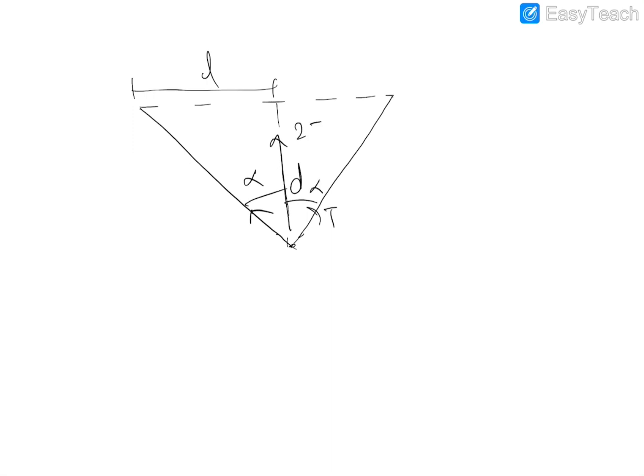So this is 2T cos alpha, which is almost equal to F. In these cases we always assume that we are pulling this wire with an infinitely small acceleration, which makes its acceleration 0 and its velocity constant. So we can assume that F is equal to 2T cos alpha.